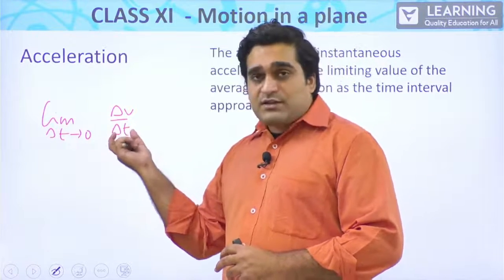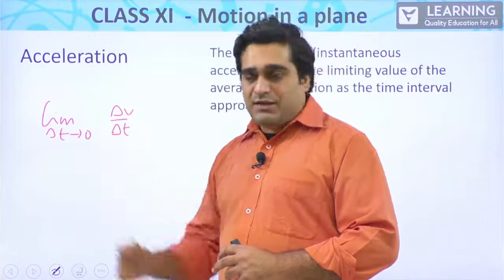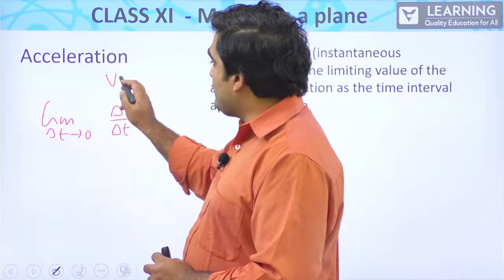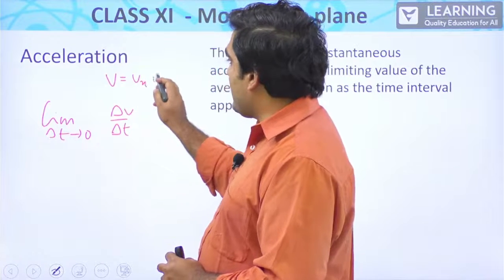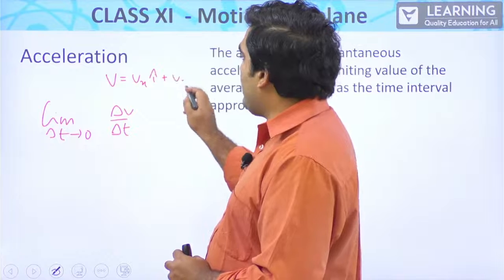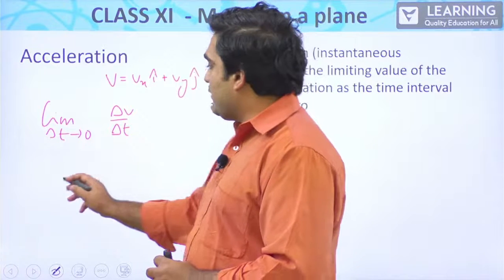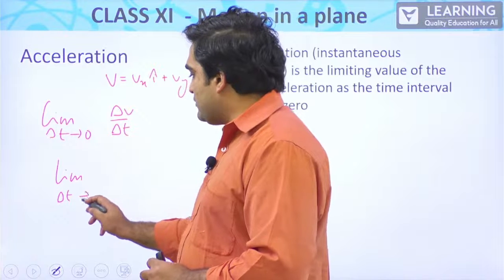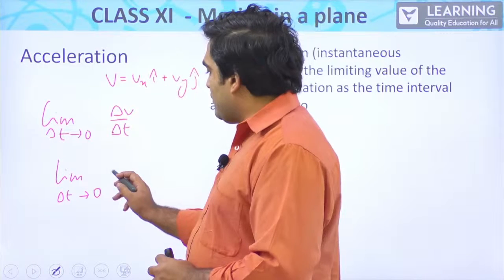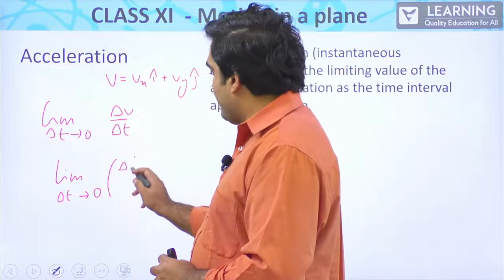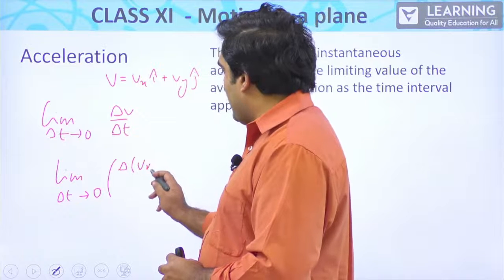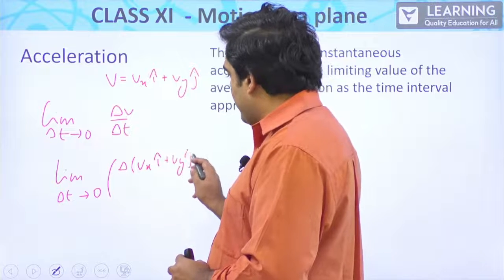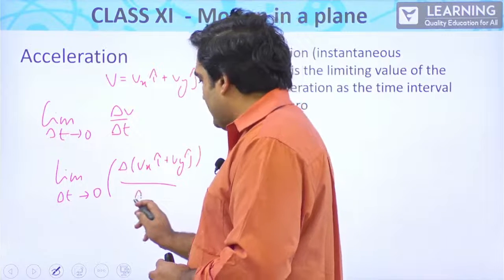So to the average acceleration, you're applying a limit. Now v, as we know, is vx i cap plus vy j cap. So limit delta t tending to 0 of delta vx i cap plus delta vy j cap, divided by delta t.